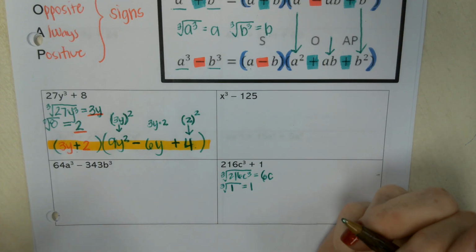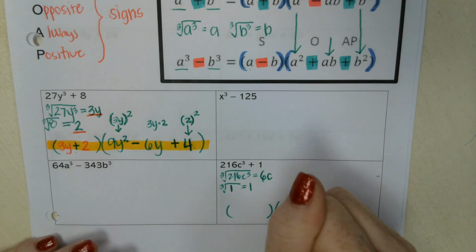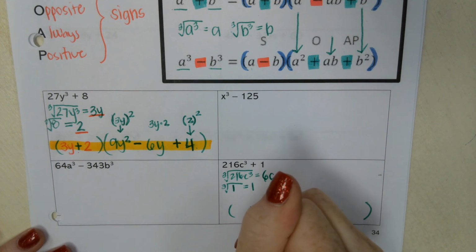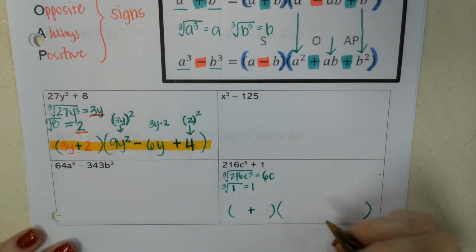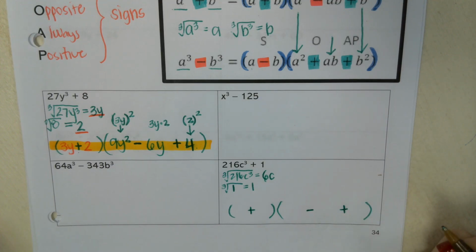All right, so I've got my cube roots. I am now going to set up my short set of parentheses and my long set of parentheses. And my signs here are same, opposite, always positive. The same sign is going to be a plus sign. The opposite is going to give me a minus, and a plus sign in the back always.